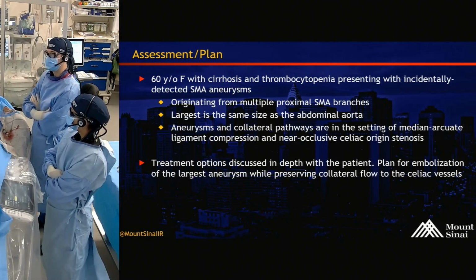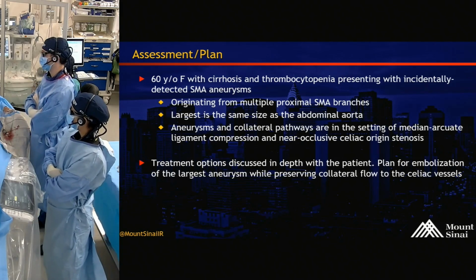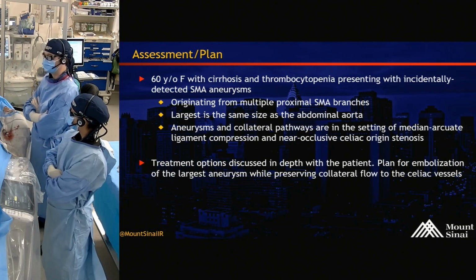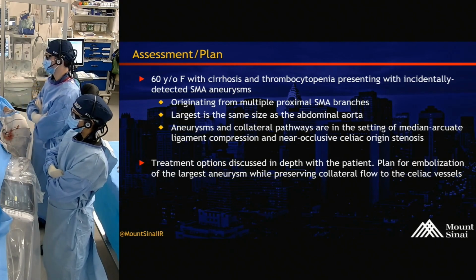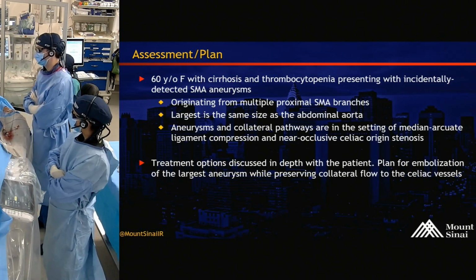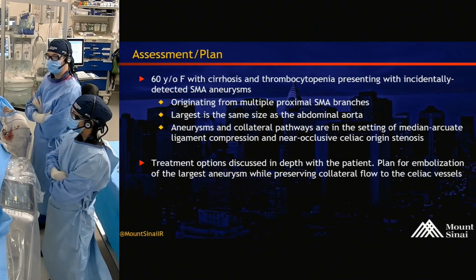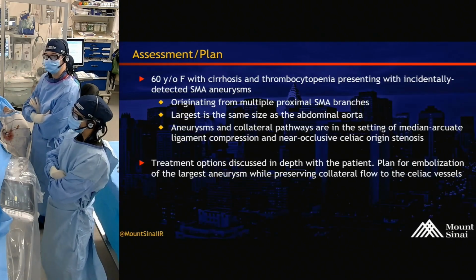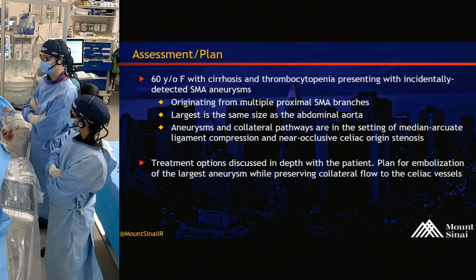The likely etiology is median arcuate ligament compression, with dilated collateral vessels supplying the celiac trunk. We discussed the treatment options in depth with the patient, and our goal is to embolize at the very least the largest of these aneurysms, and then we'll get a better sense angiographically of what else there is to treat.